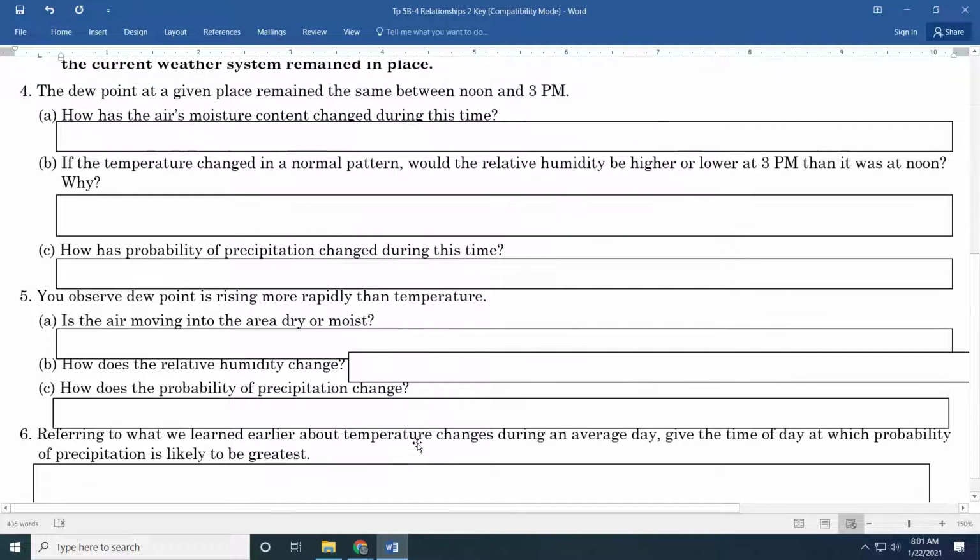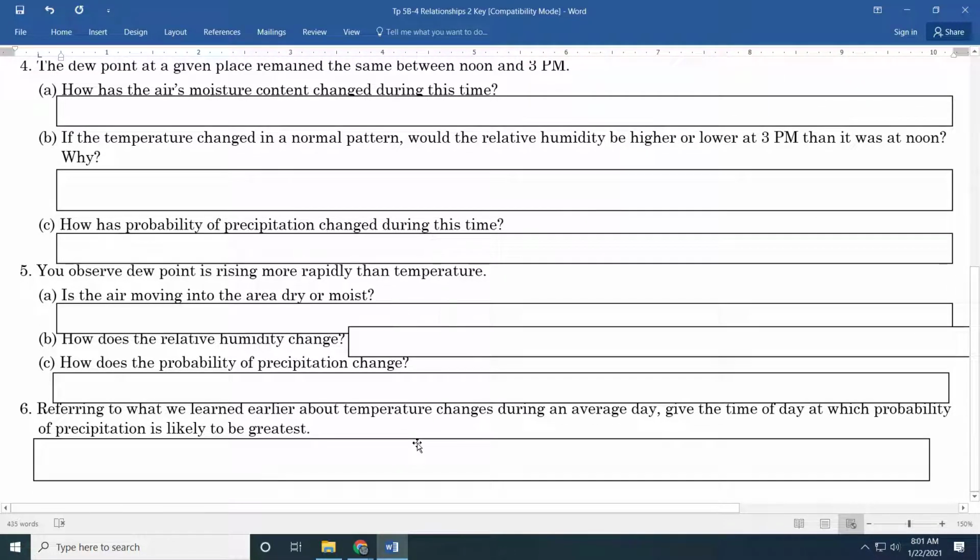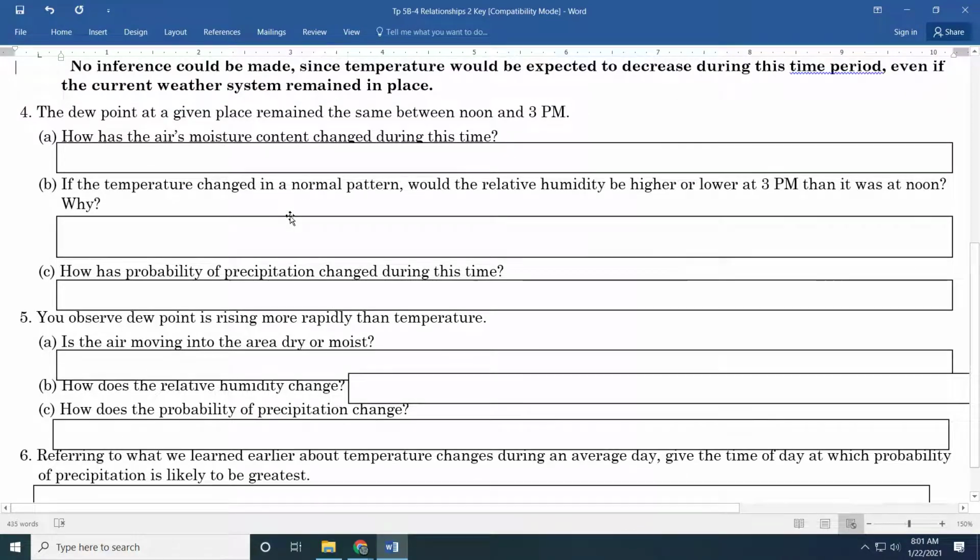So the dew point. Do you remember what the dew point is? It's not a number you can tell me right now. The dew point is the temperature that the air becomes saturated at. So the dew point, the saturation temperature, at a given place remained the same between noon and 3 p.m. So dew point tells you how much water there is in the air.